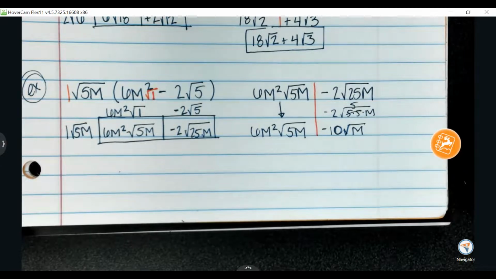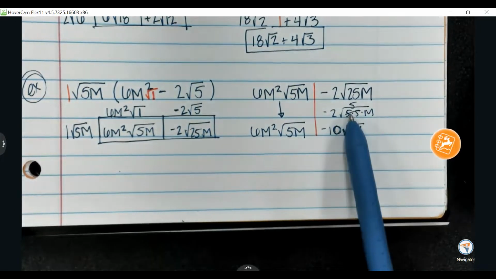No, so you're just going to bring that straight down. Just drag that answer straight down. And then you got to break down your 25. 25 breaks down into 5 times 5. And what am I looking for? Groups of 2. So I can take the 5 out.